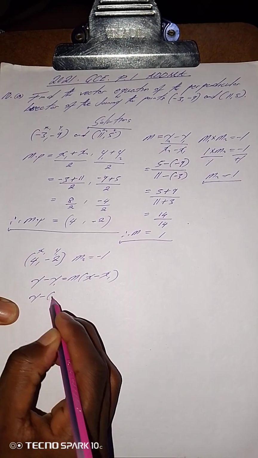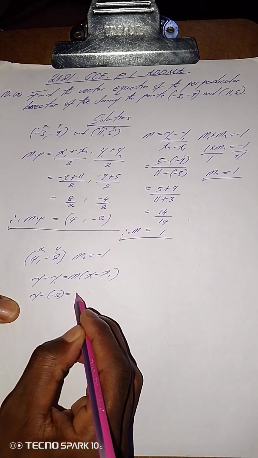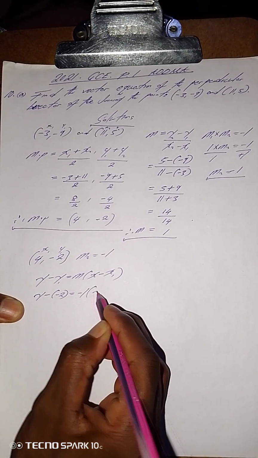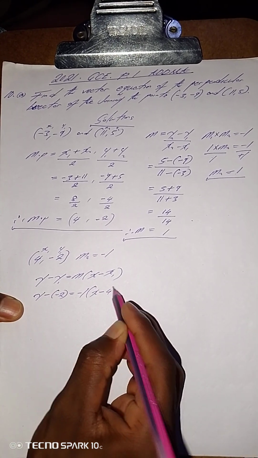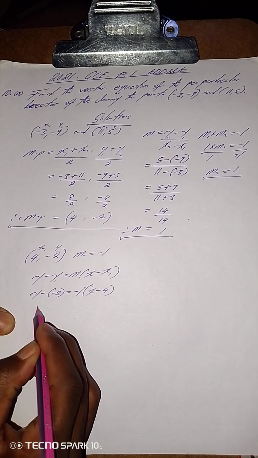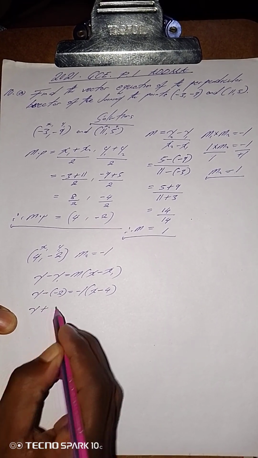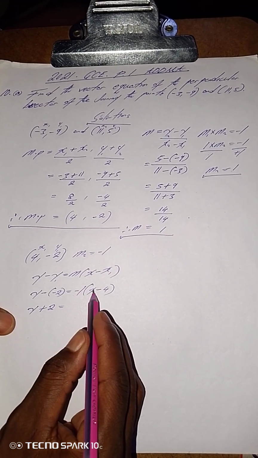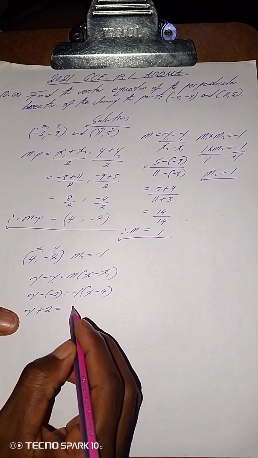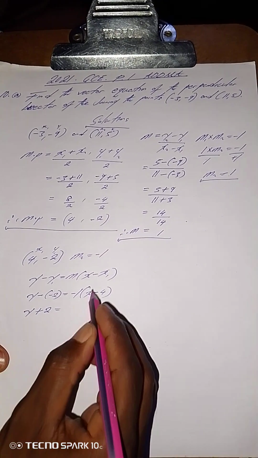It's -2, equals the gradient -1, times x minus x1, which is 4, like this. So here it's y, negative times negative, it's positive 2, equals -1 times x. Any number multiplied by 1 is that number.